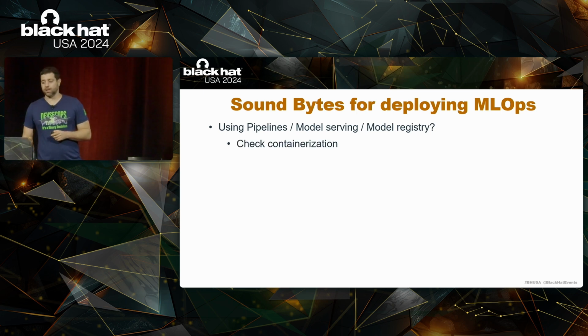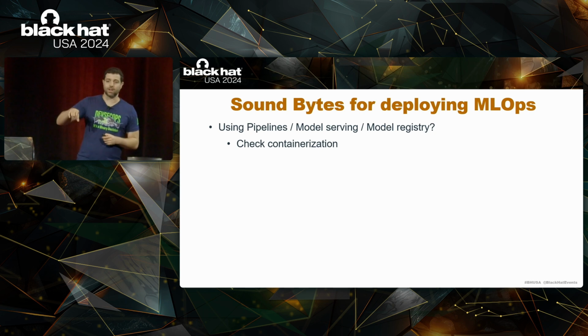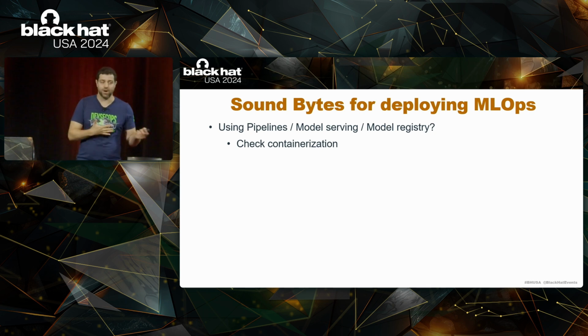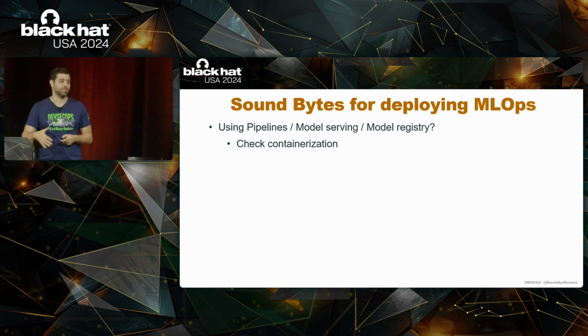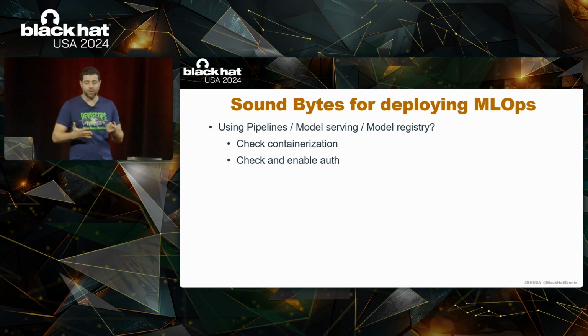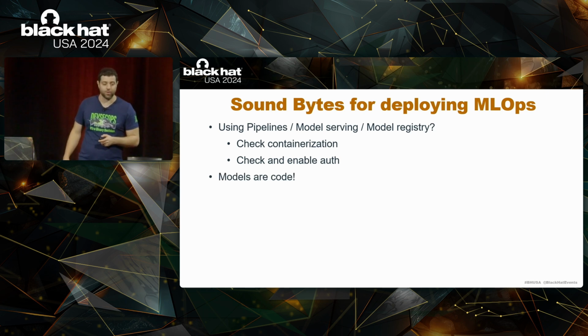You should also check that the pipelines and the model serving are using a Docker container, because if not, it's very easy to run uncontained code. And also, like I showed, check that you actually have authentication in your MLOps platform, and if not, then you can deploy a reverse proxy or change platform.